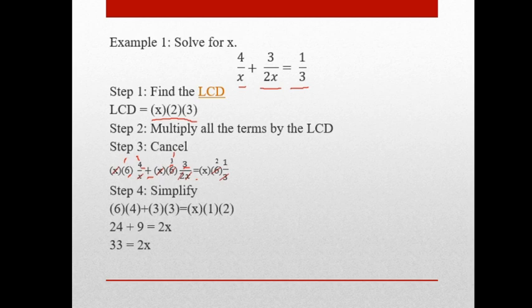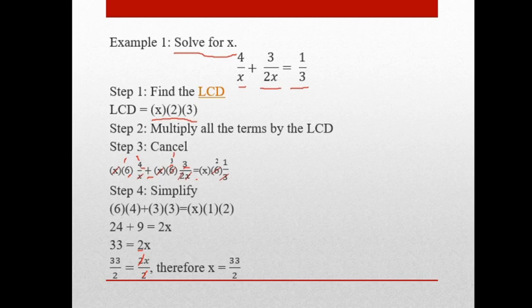Ano ginagawa natin? Kailangan i-solve for x daw natin. Kailangan mawala si 2 or makancel si 2. So, what do? We divide both sides by 2. 33 over 2 equals 2x over 2. Makakancel na yon. Therefore, our x is equal to 33 over 2.